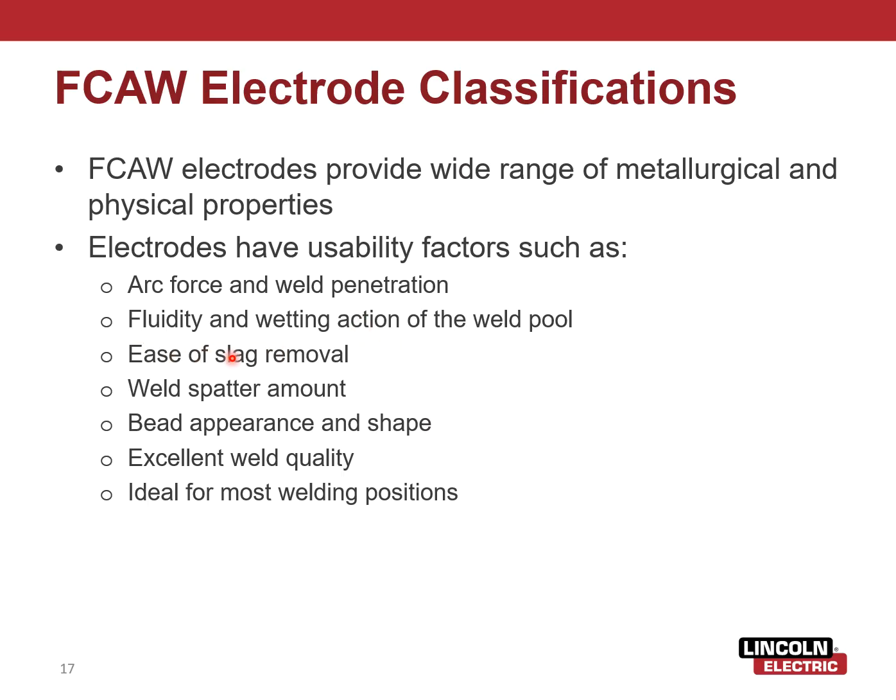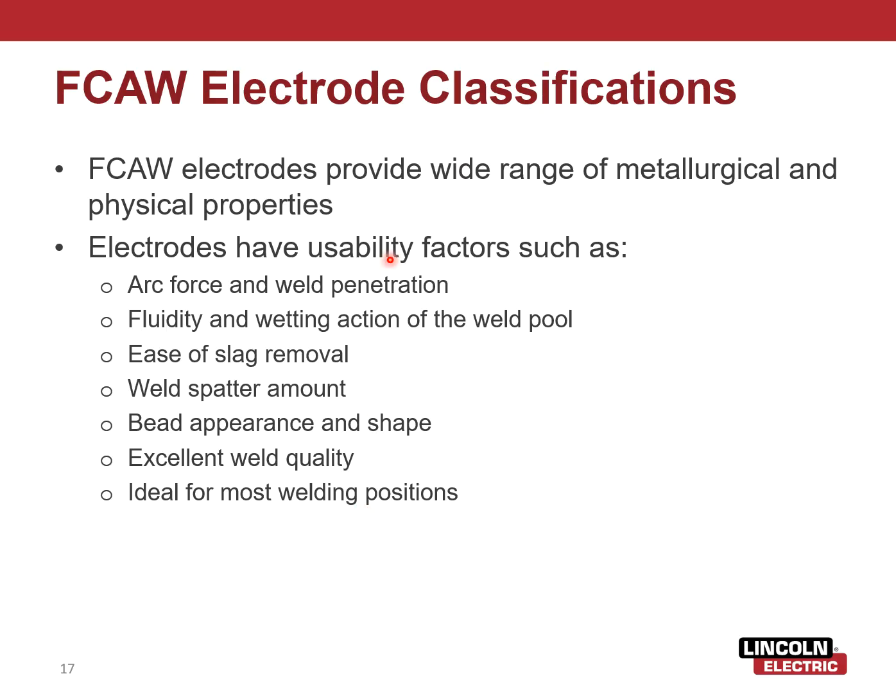Sometimes it'll be an easier slag removal. Sometimes it'll be weld spatter amount. Maybe you want as little weld spatter as possible. Sometimes it'll focus on the bead appearance and shape. Sometimes it'll be specific to the weld quality, and sometimes it'll be for the weld positions. So all of these things get taken into consideration in the flux components of your self-shielded or gas-shielded electrodes.